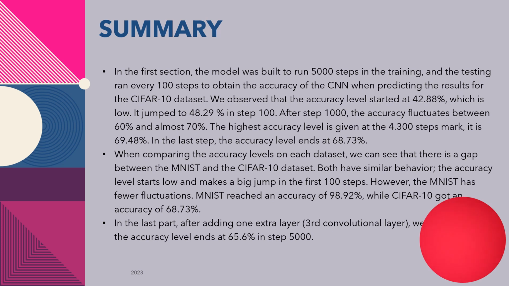Alright, here we have a summary. In the first section, the model was built to run 5,000 steps in the training and the testing ran every 100 steps. In that way, we obtained the accuracy of the convolutional neural network when predicting the results for the CIFAR-10 dataset.